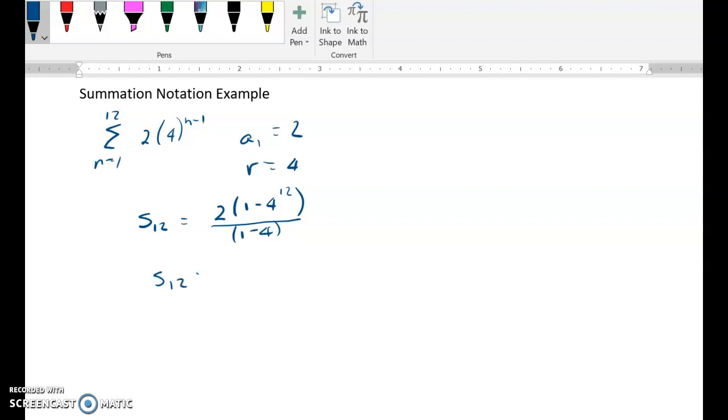The sum of the first 12 terms is then equal to, this is a big number, 11,184,810. That is our final answer. That is the sum of the first 12 terms from that series. And that's it, all in a nutshell.